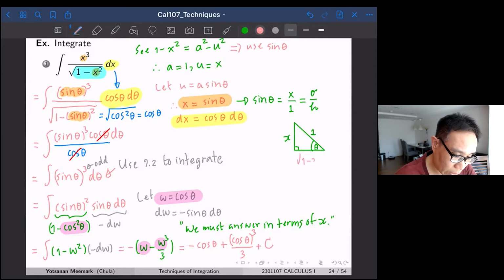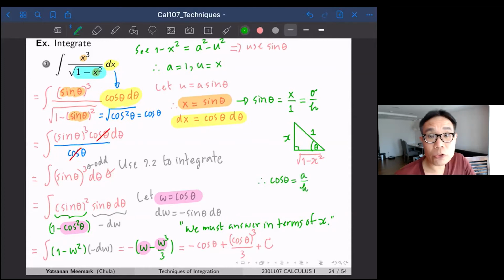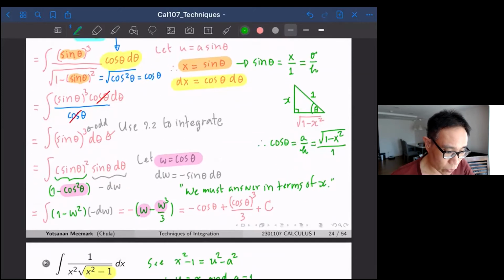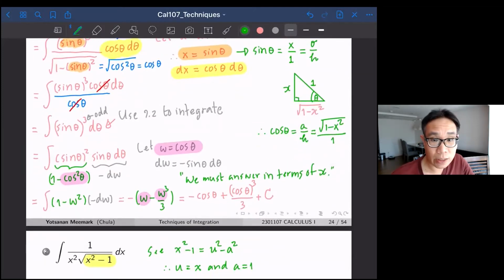By the Pythagorean theorem, you get the square root of 1 minus x squared, and you're able to conclude cos theta. Cos theta is adjacent over hypotenuse of the angle theta, so you get the square root of 1 minus x squared over 1. This is used to change cos theta.